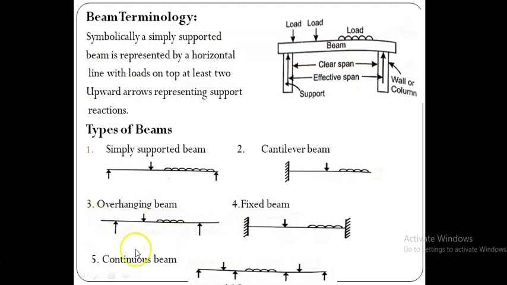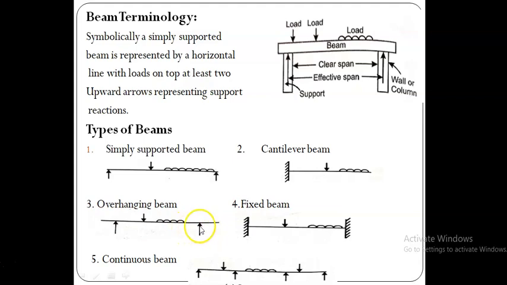So the overhanging beam may be extended over either of the supports, that is two supports, or it may be extended at any one of the supports. In this beam you see that it is subjected to vertical forces, and therefore these forces are shared by these two supports. Okay, at its ends there is no support. It is freely hanging.